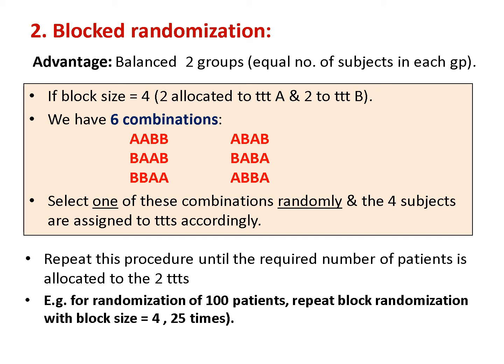So every 4 patients, we select from them one of these 6 combinations. For example, for randomization of 100 patients, repeat block randomization with block size 4, 25 times. Thank you and keep well.